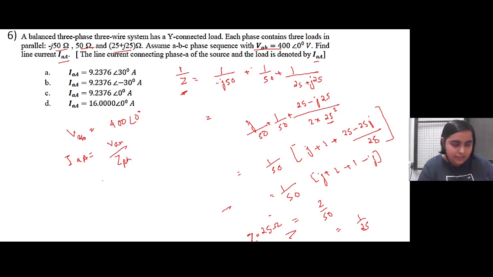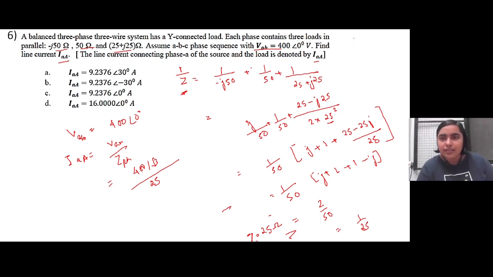We have calculated the Z of each phase. Since it is a star connected load and we are given the line voltage, it will be 400 by root 3 by 25.